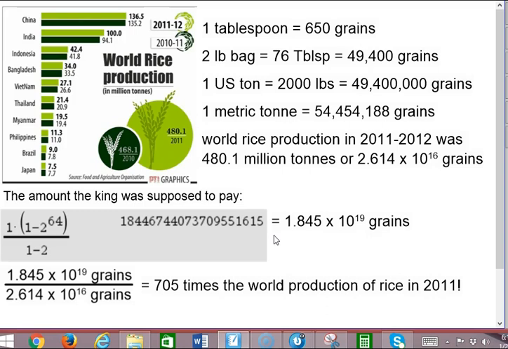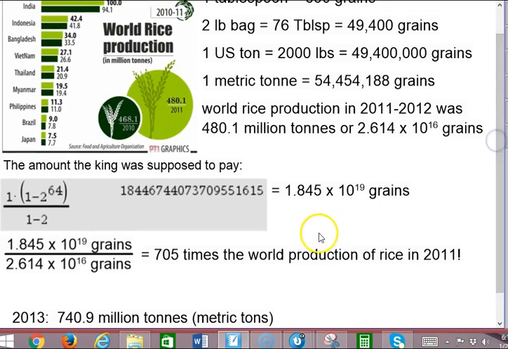So I needed to condense this down. I found out that 1 U.S. ton was 2,000 pounds. If I know that a 2-pound bag has 49,400 grains, then 2,000 pounds has 49,400,000 grains of rice. And I thought, well, that's still not nearly as big as this number.